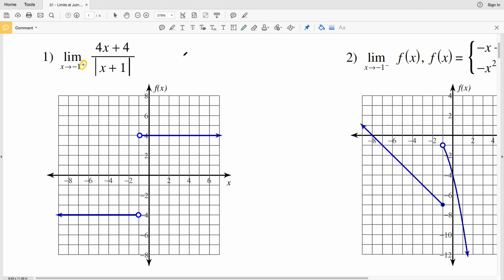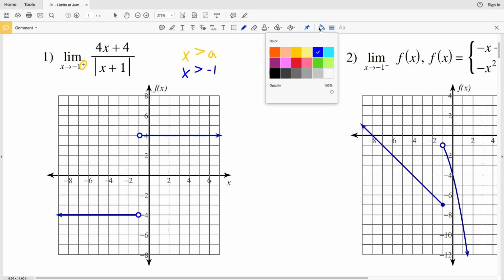So we're coming from x values that are greater than negative 1, all the values to the right of negative 1, hence a right-sided limit. As we're coming from the right, we can see that we are approaching positive 4. So 4 is our solution in number 1.